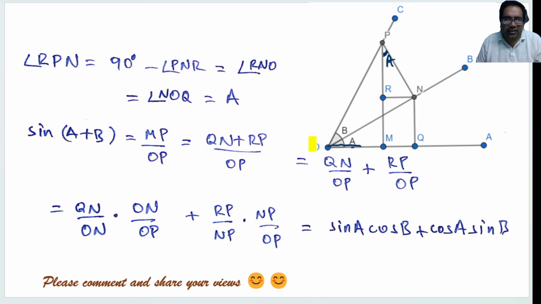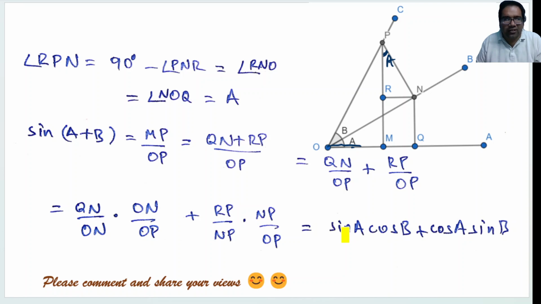This is again a right angle triangle, because PN is perpendicular to OB, so this is also a right angle. ON by OP becomes cos B, adjacent side by hypotenuse in the right angle triangle OBN. So this became sin A cos B.